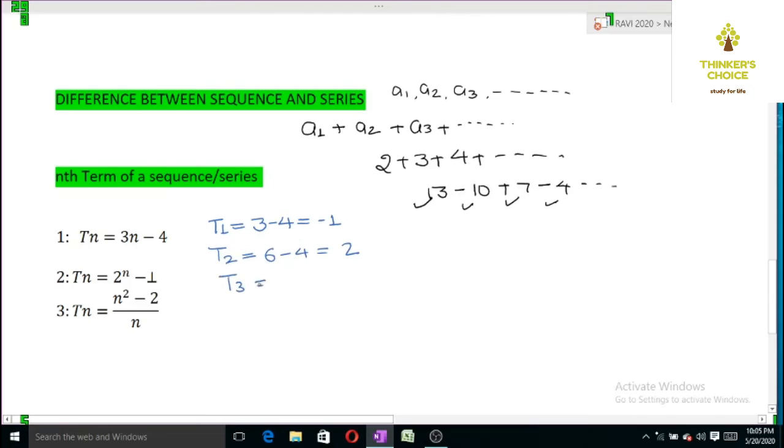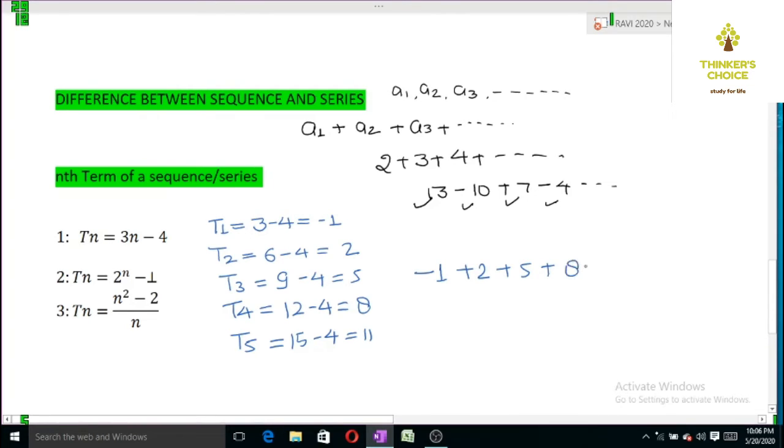For n equals 3, 9 minus 4 equals 5, for n equals 4, 12 minus 4 equals 8, and for n equals 5, 15 minus 4 equals 11. Now taking the series, it is minus 1 plus 2 plus 5 plus 8 plus 11, and so on.